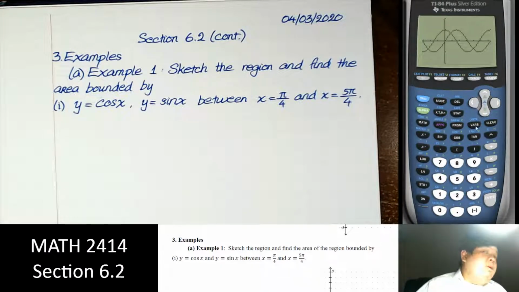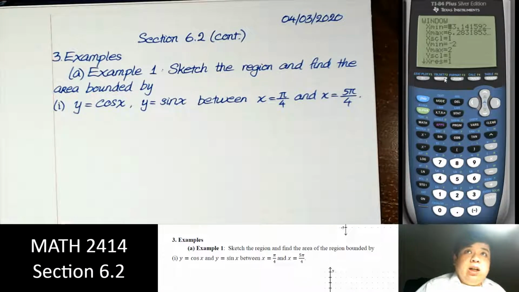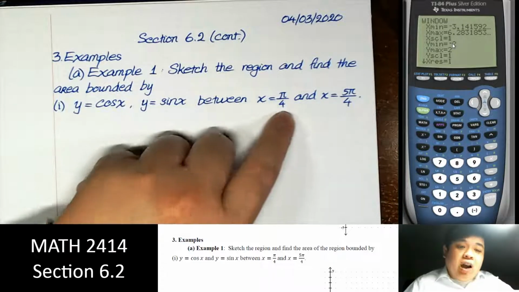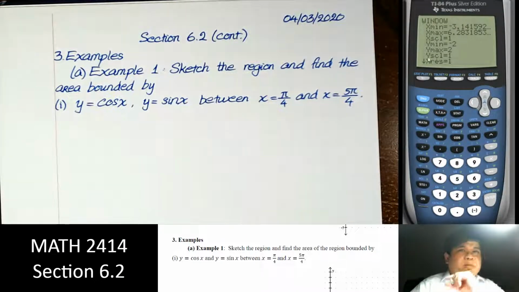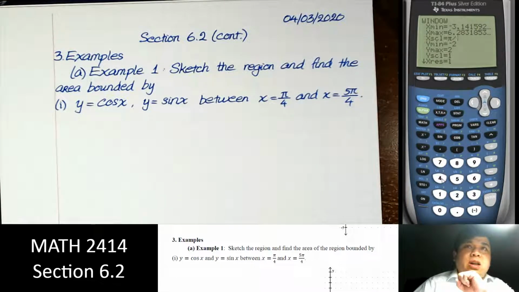Right? Even better if we want to, again, so this is -pi, and then 2 pi. Right. In the scale here, we have pi over 4 and 5 pi over 4, so the increment is by pi over 4. So we can say pi over 4 as an increment.